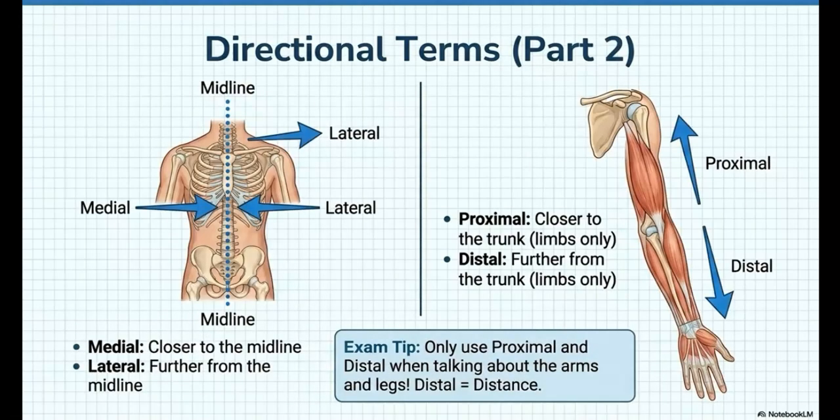Now let's learn 4 more important directional terms. First, look at this dotted line in the center. This is called the midline. Medial means closer to the midline. For example, the nose is medial to the eyes.